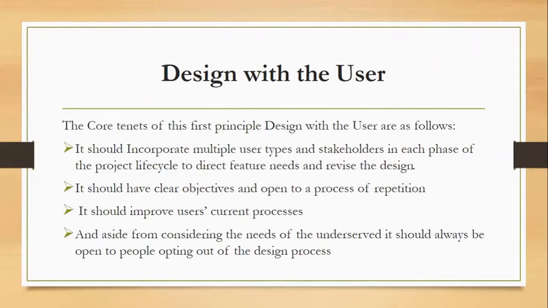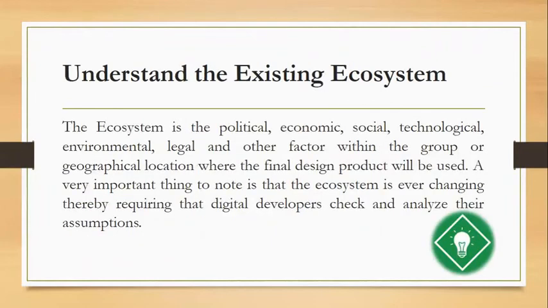And aside from considering the needs of the underserved, it should always be open to people opting out of the design process. Embrace an interactive process that allows for incorporating feedback and adapting your tool after the initial testing and launch. Be open about setting expectations and let people opt out of participating in the design process.